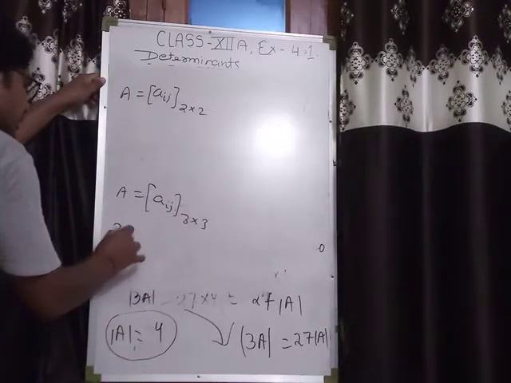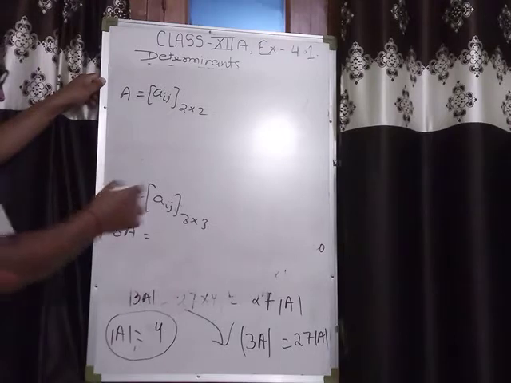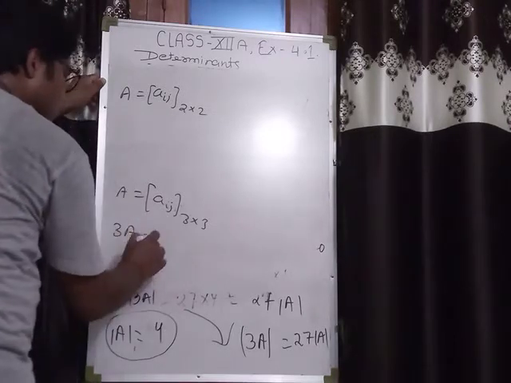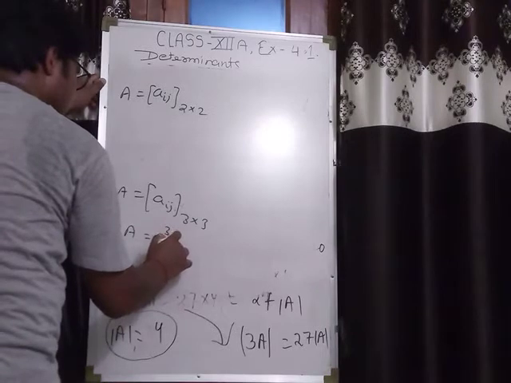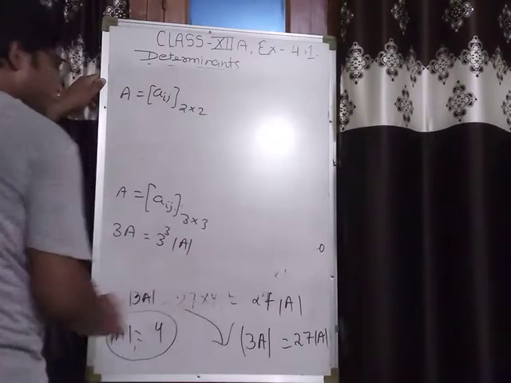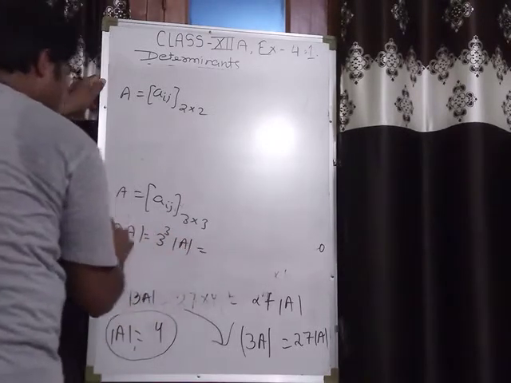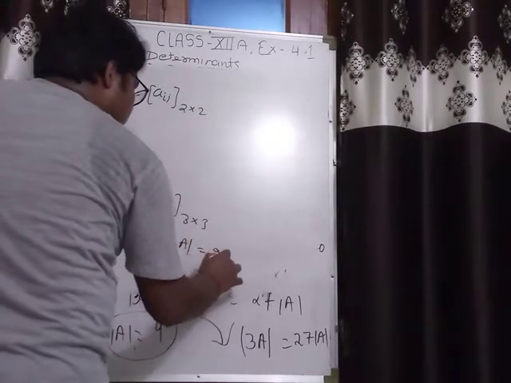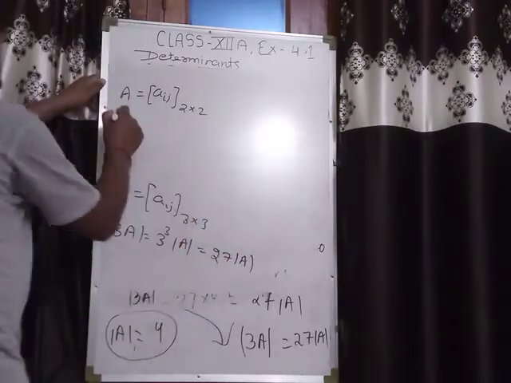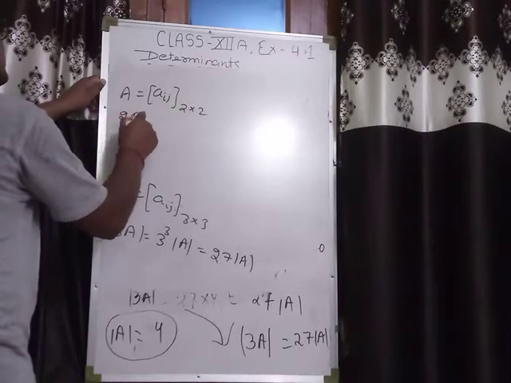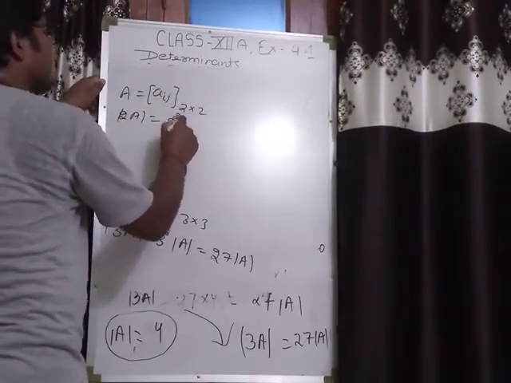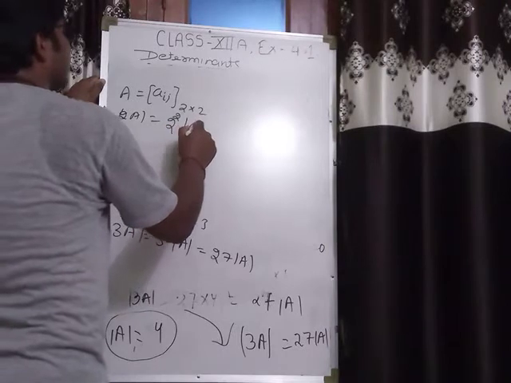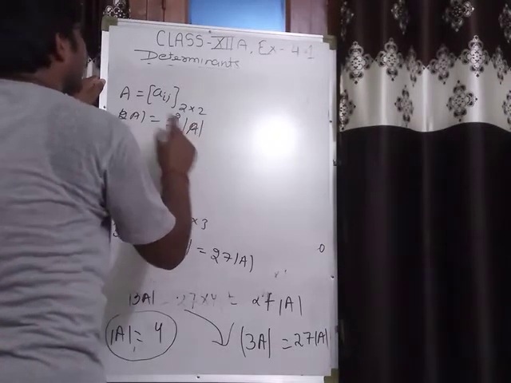So 3A in that case becomes 3 to the power 3 determinant of A, that is determinant of 3A is equal to 27 determinant of A. This came, and in the other case determinant of 2A is 4 times, that can be written as 2 to the power 2 determinant of A.